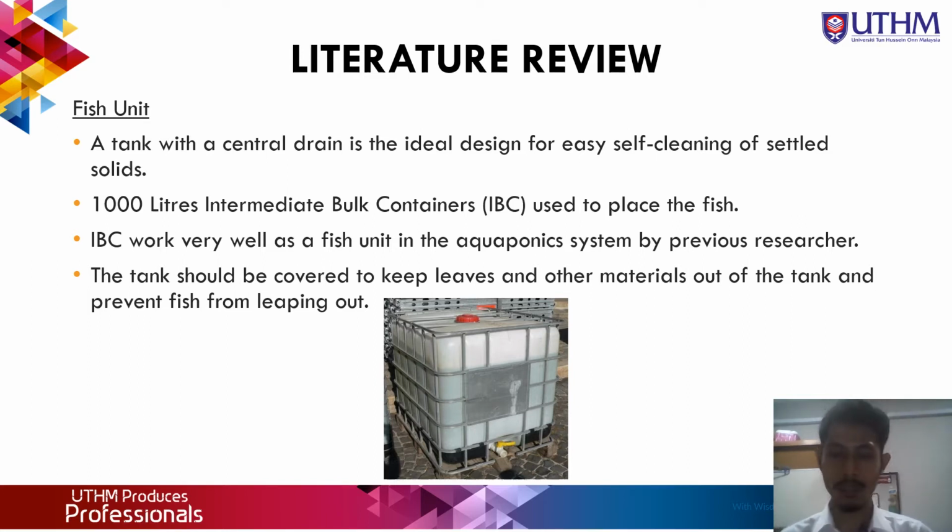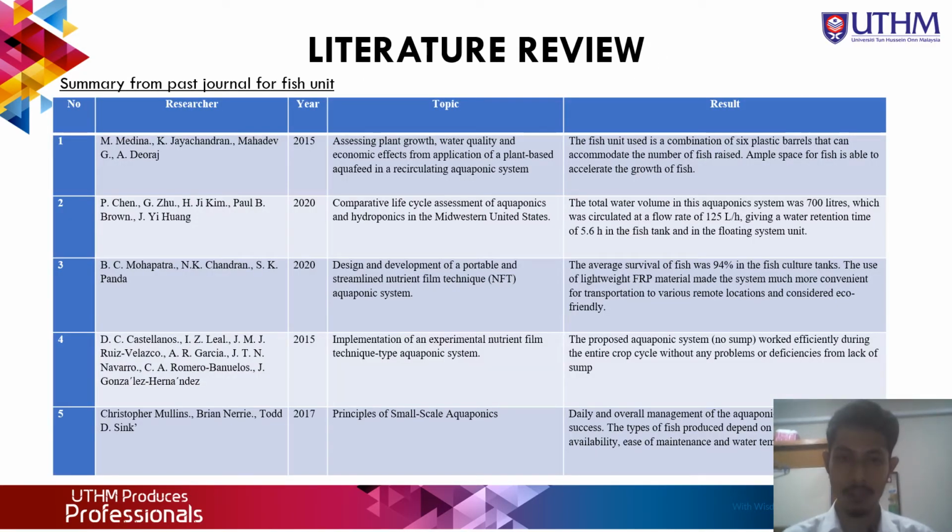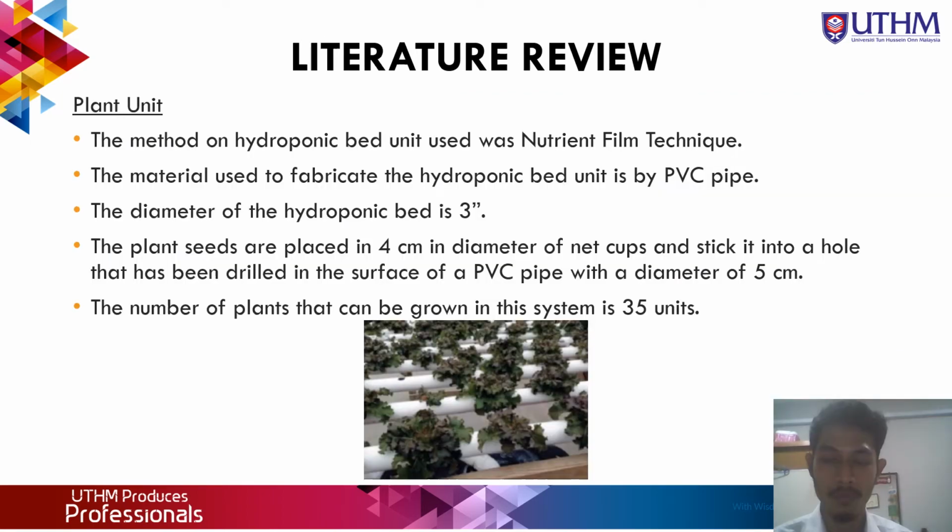So if we have a cover on top of the tank, it will be good for us. Okay, so this is the literature review from past journals for the fish unit.